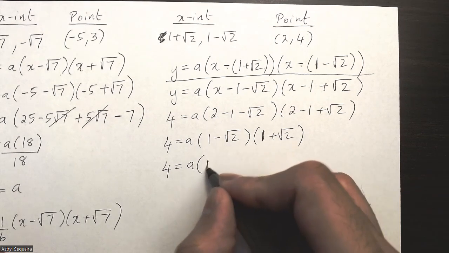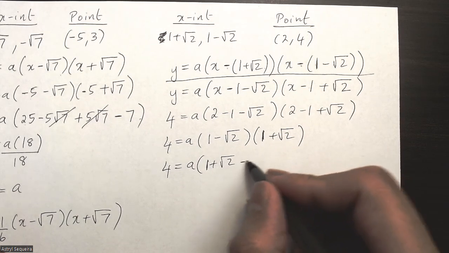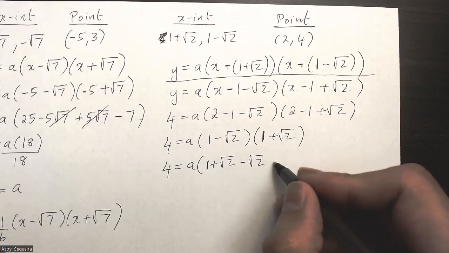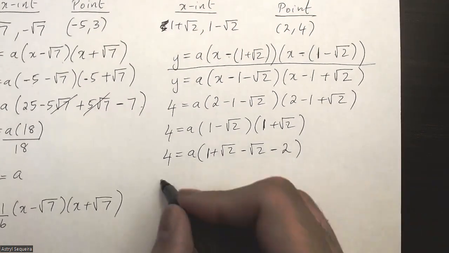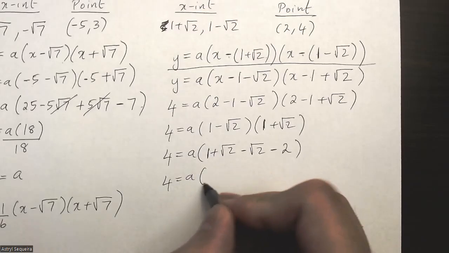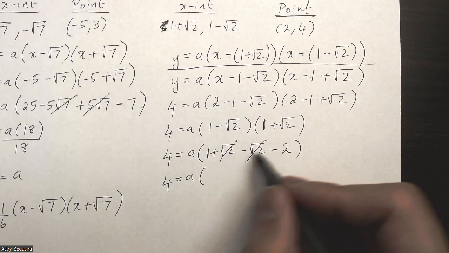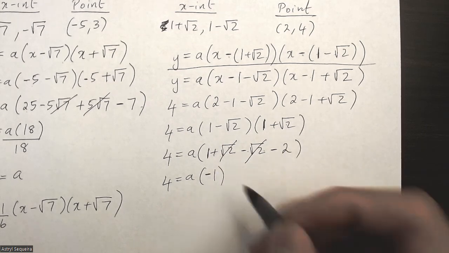1 times 1 is 1. 1 times root 2 is root 2. Negative root 2 times 1 is negative root 2. And negative root 2 times root 2 is just -2. Now I'll combine like terms. These two just cancel because same things but opposite signs. 1 minus 2 is -1.